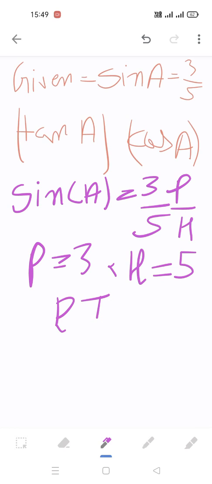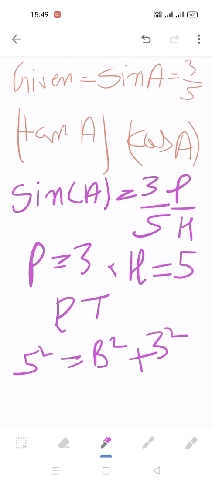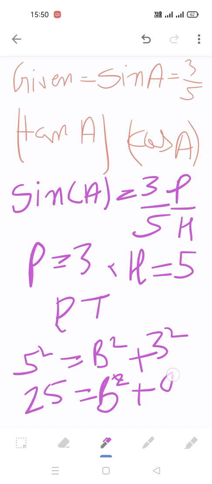So 5 square is equal to b square plus 3 square. We have to find the b. 25 equals b square plus 9, right?